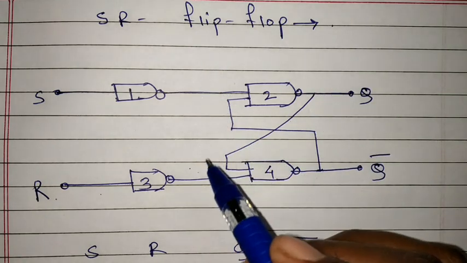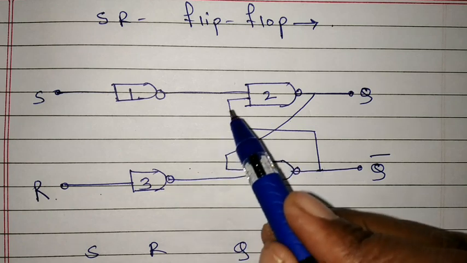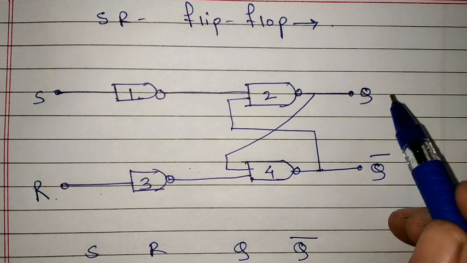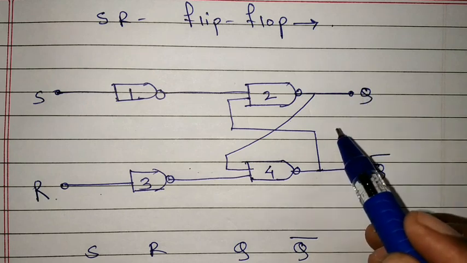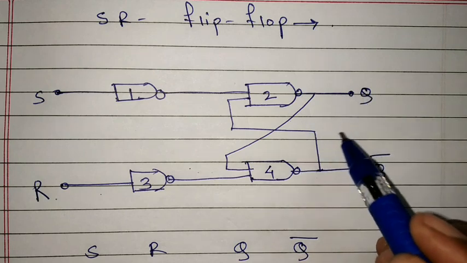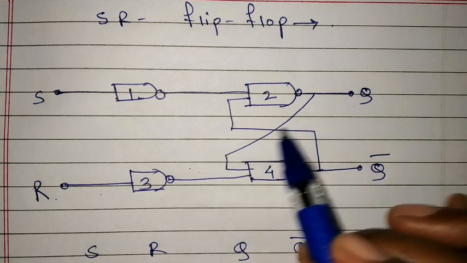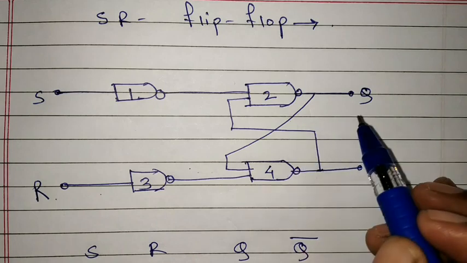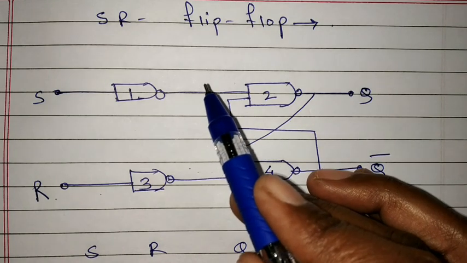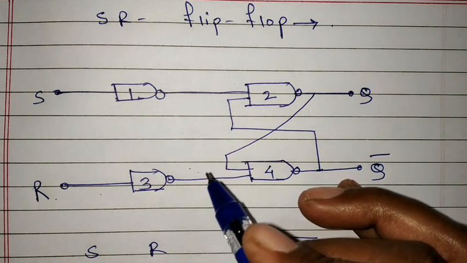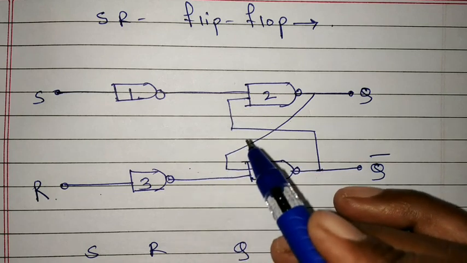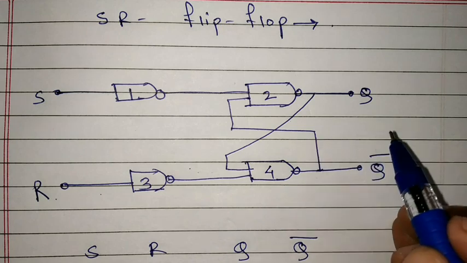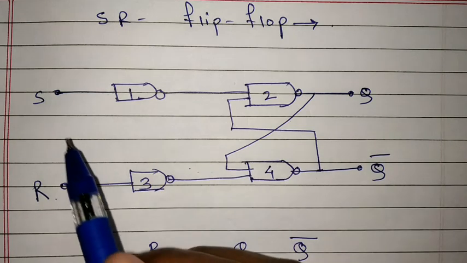Means if it is 1 and this is 1, the operation will depend on the second input, based on the present state, either Q is 0 or Q is 1. So this is simply a normal SR latch operation. Since the first inputs are 1 and 1, it totally depends on the second inputs, and the Q and Q bar will be generated accordingly.